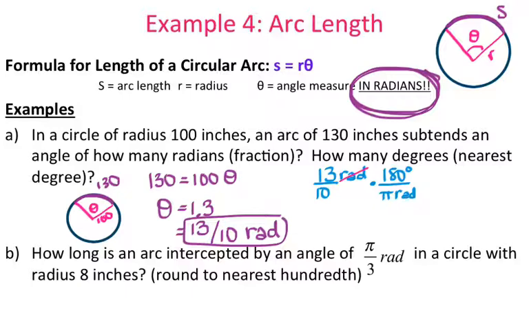So my radian units cancel. I do still have the pi, because I didn't actually have a pi to cancel it with. So I'm going to take 13 times 180, which is 2,340, divided by 10 pi.